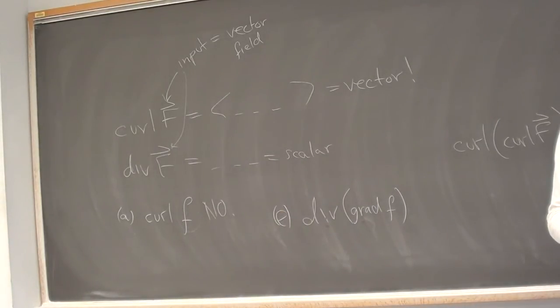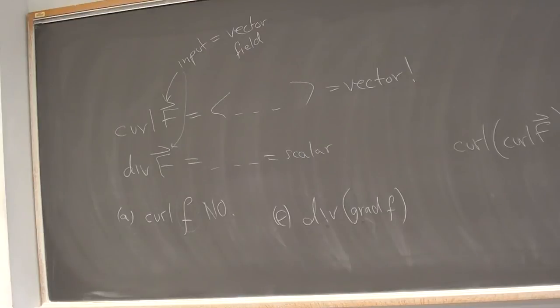For the gradient, could we take the gradient of both a vector and a scalar function, right? No, you won't take the gradient of a vector field. The gradient of a scalar function, yeah.